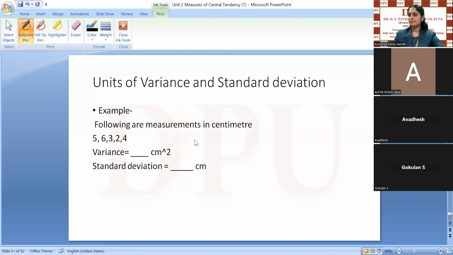Do the calculations and tell me what is the answer. Yes, variance is 2 and your standard deviation is root 2, that is 1.41.